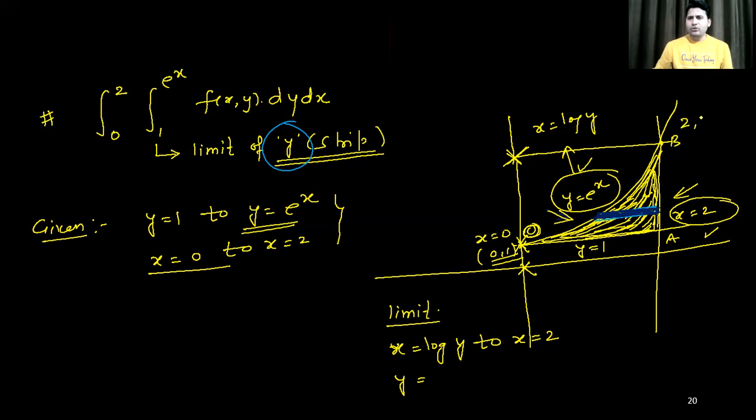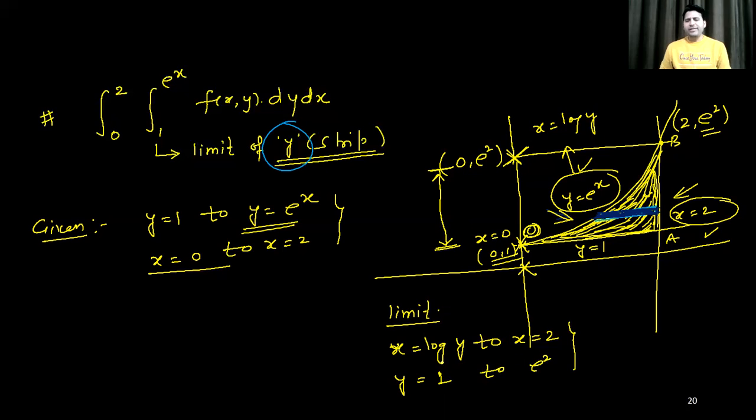If I put x equal to 2 in y equals e to the power x, I get e square. So this coordinate is 2 comma e square, that is, y is e square on the y-axis, so the point is 0 comma e square. So what is the variation for y? It starts from the point 0, 1 to the point 0 comma e square, that is, y is 1 to e square.